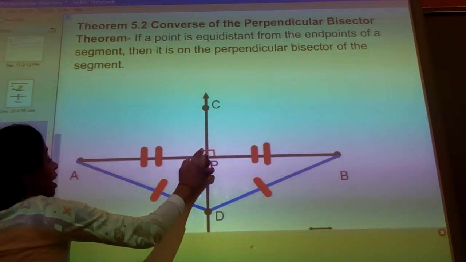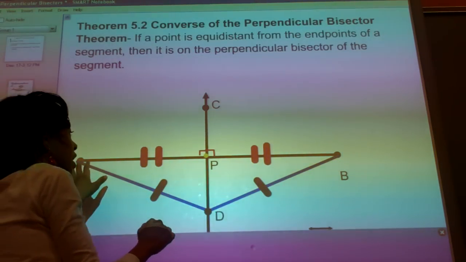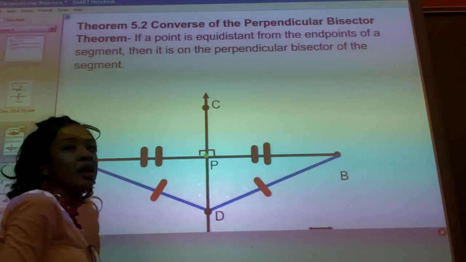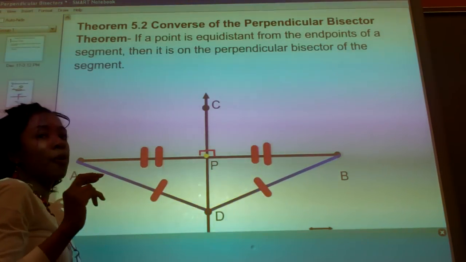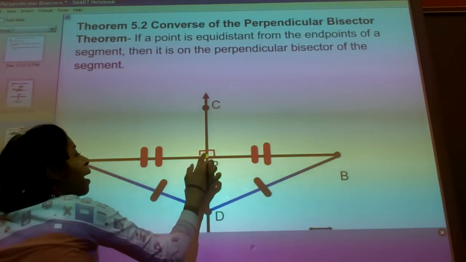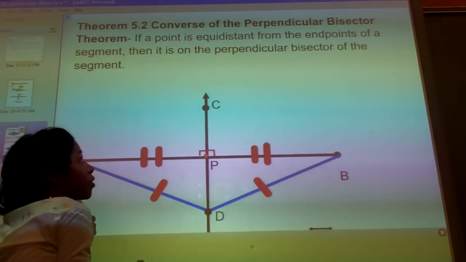Because point P is equidistant to the two endpoints, that automatically means point P has to lie on the perpendicular bisector.